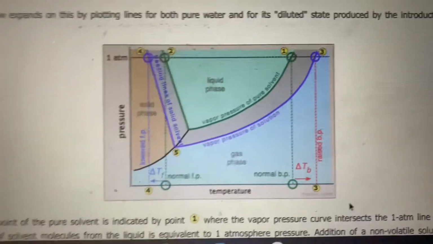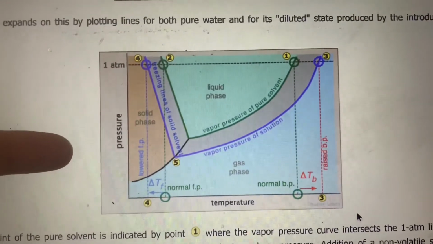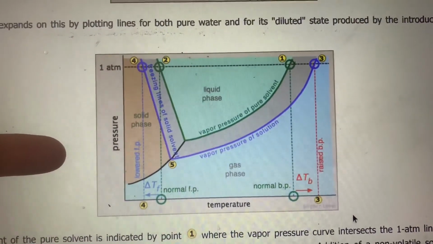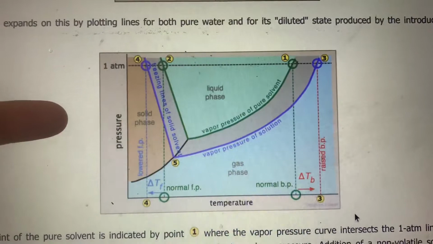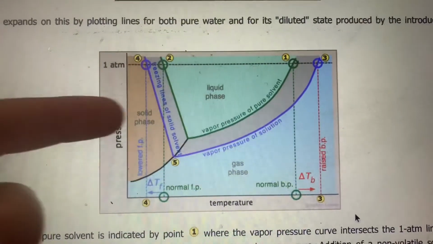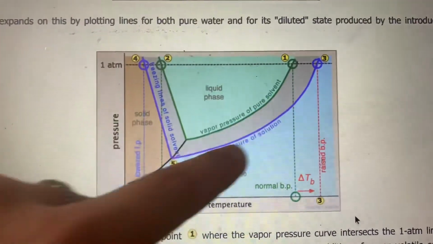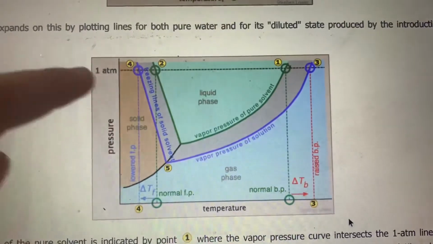So I'm using this picture because I think it's well done, but this is actually demonstrating how the addition of a non-volatile solute to pure water changes the vapor pressure of a solution. You'll see that the vapor pressure curve of the solution is lowered, right? And that's going to change the freezing point.